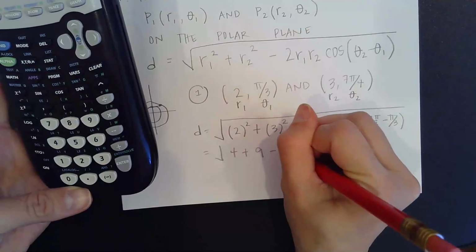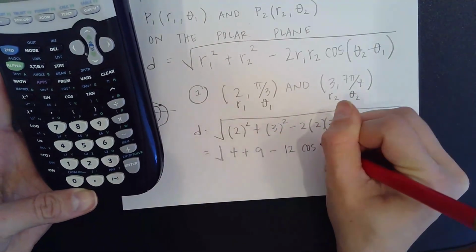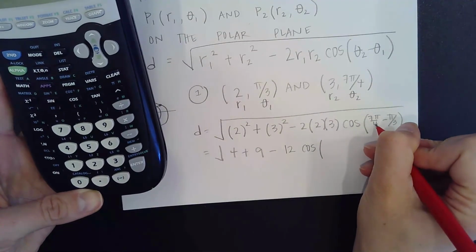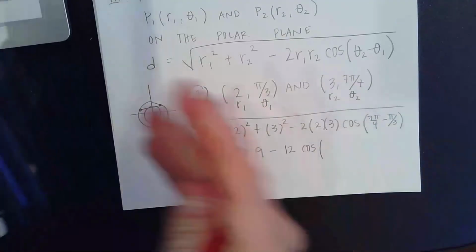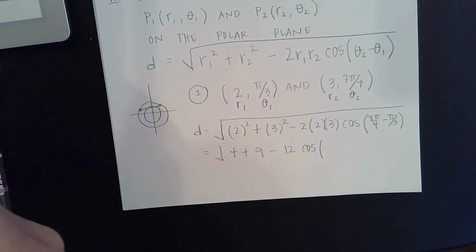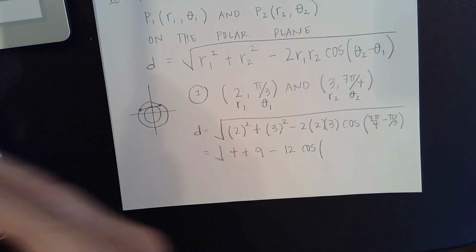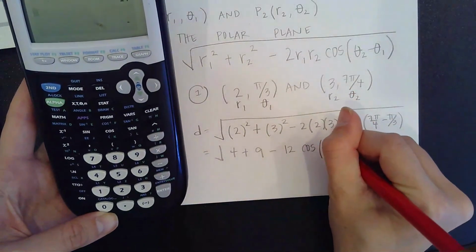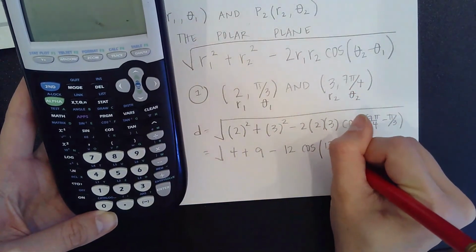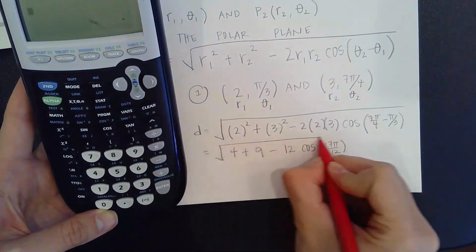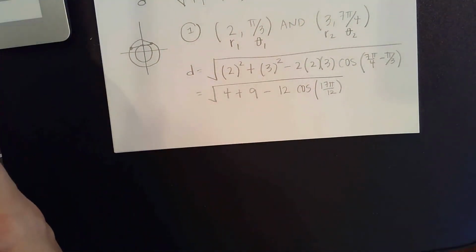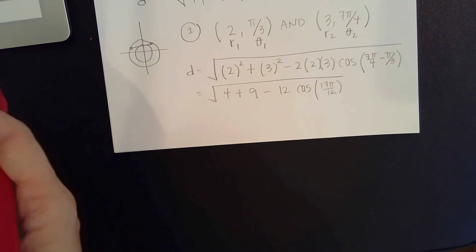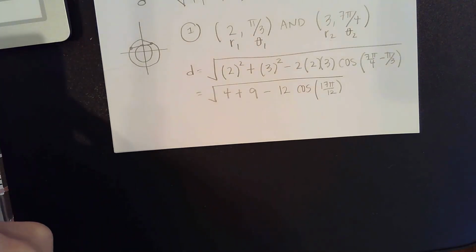So that'll be 12 cosine. So when I subtract these, the common denominator would be 12. So 7, so that's 21 minus a 4. So that's 17 pi over 12. So when you're in radians here, make sure your calculator is in radians. Okay. I don't think mine is. Yep, it is.